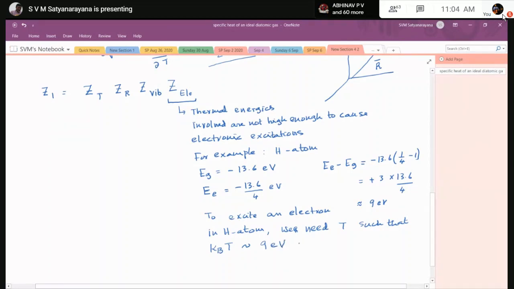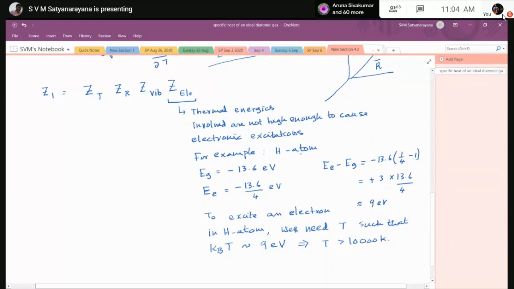Now you can verify that this implies that T should be greater than some 10,000 Kelvin, or maybe more, 20,000 Kelvin. I don't know, this is just of the order. That means if we are talking about temperatures which are less than 10,000 Kelvin, then we can ignore the contribution from the electronic Hamiltonian or the partition function for the electron.